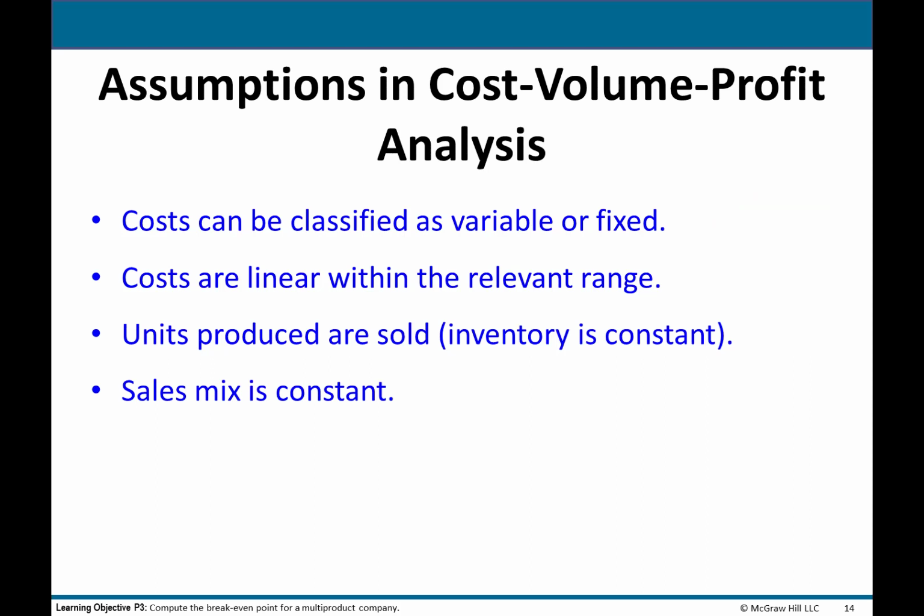So if they do occur, remember we've learned tools to separate out the costs between variable or fixed. Another assumption is costs behave in a linear manner and are within the relevant range. Another assumption is the units produced are sold and that inventory is constant, and that the sales mix is constant when we deal with more than one product.